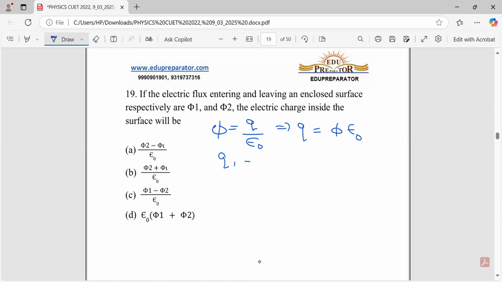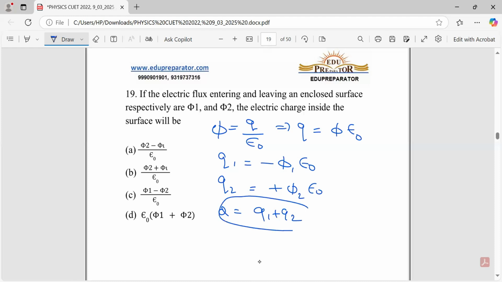So Q1 will be equal to, because it is entering, minus phi 1 epsilon naught. Q2 will be equal to plus phi 2 into epsilon naught. Right? So if you go for calculation of total charge, it will be equal to Q1 plus Q2. And if you simplify, we'll be getting the answer, which is the D answer, epsilon naught into phi 1 plus phi 2. So that is the total charge which is enclosed inside.